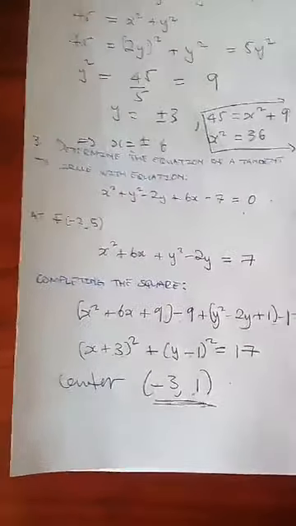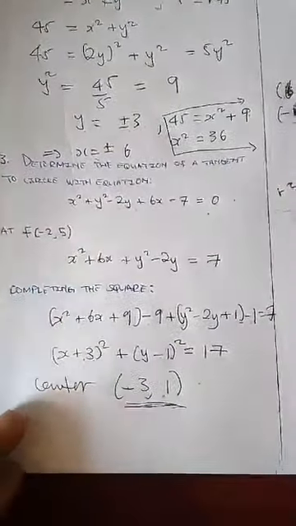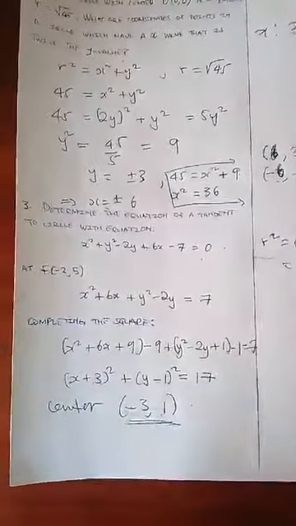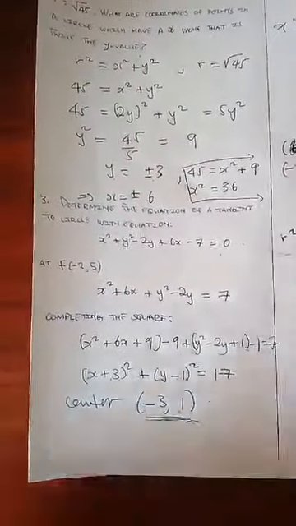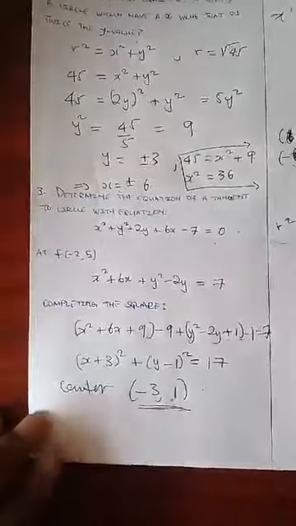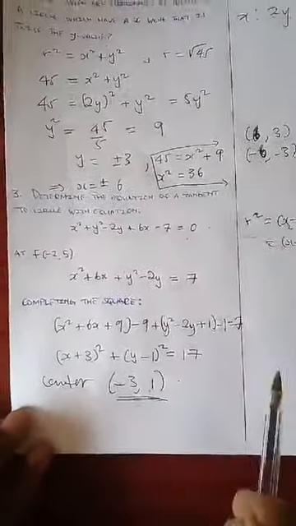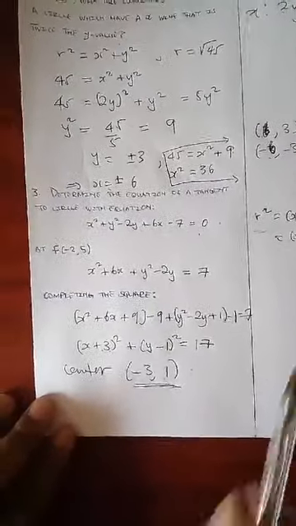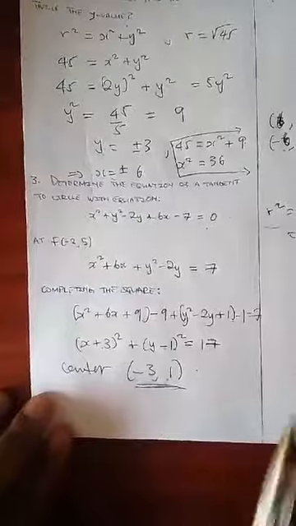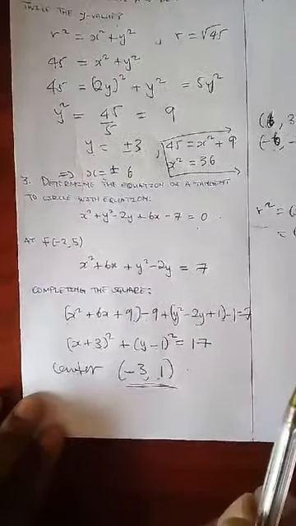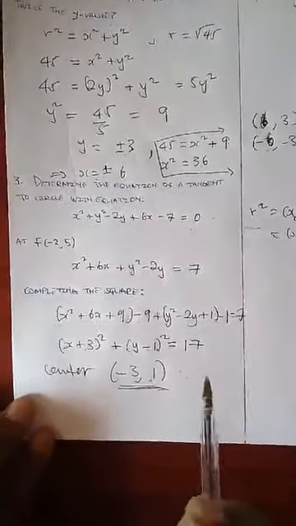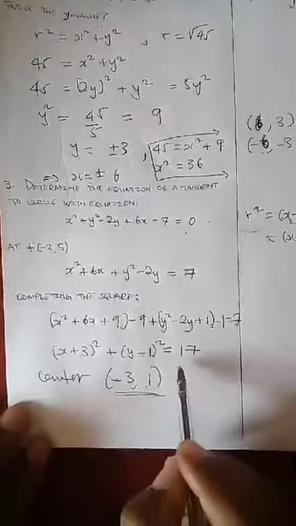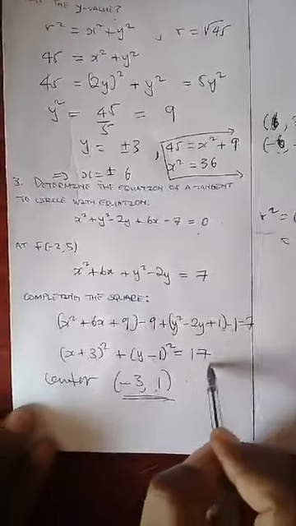Right? And let's get back. What was the question? The question is determine the equation of a tangent to the circle with this equation. Okay, so we want the equation of a tangent, but we know that a tangent is always perpendicular to the radius, right? The gradient of the tangent is perpendicular to the gradient of the radius, right? So with that information, then we have the radius here.